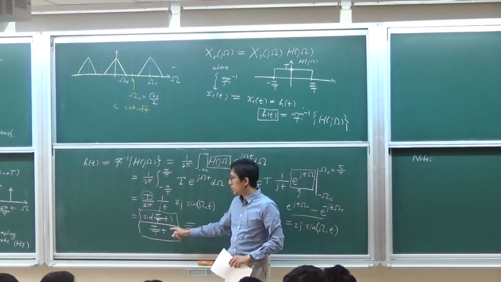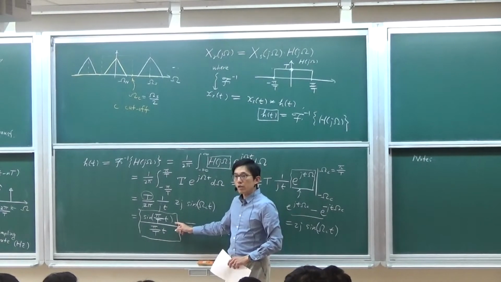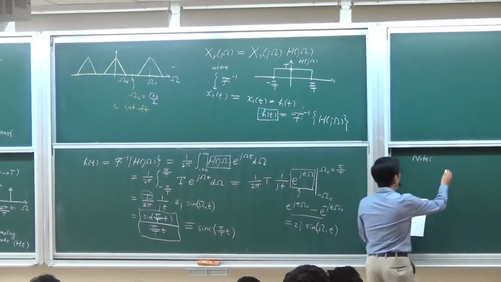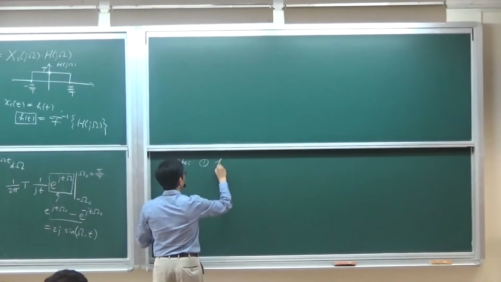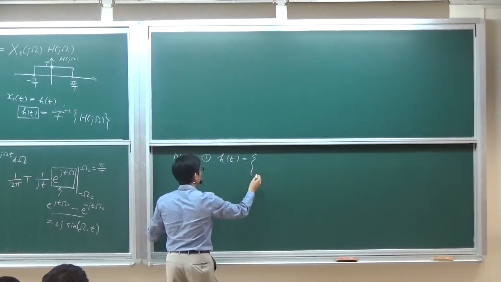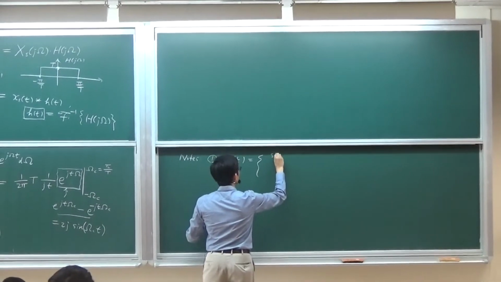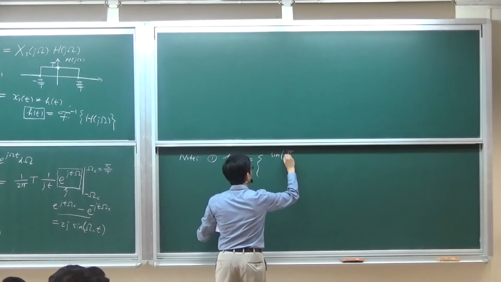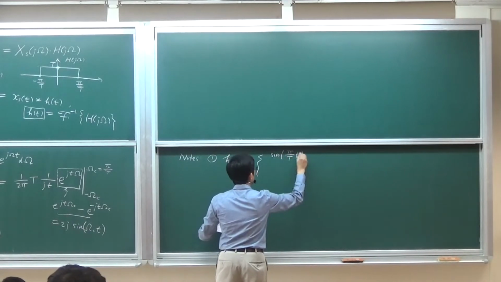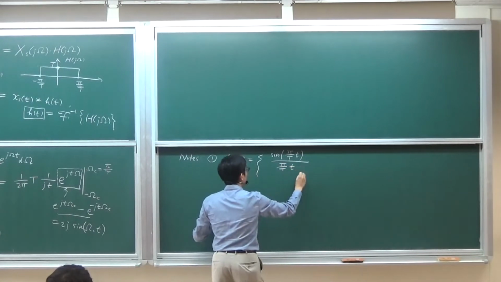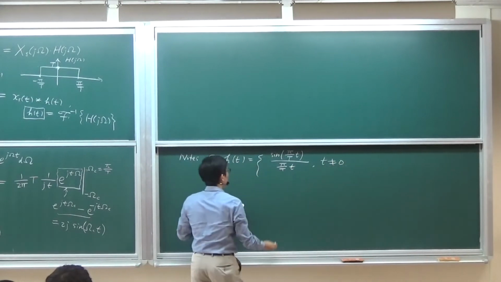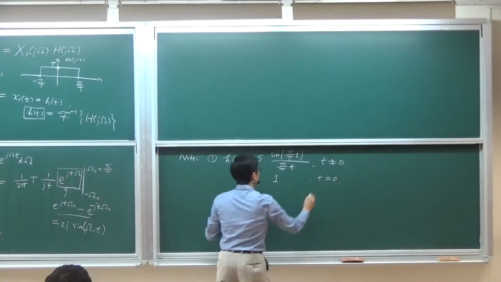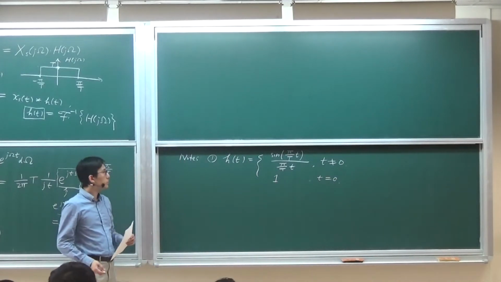So in that case you need to think about the limit of sine t divided by t, using L'Hopital's rule. Strictly speaking, h of t is equal to sine of pi t over T divided by pi t over T when t is not 0, and it approaches 1 when t is 0. That's the first note we should know.